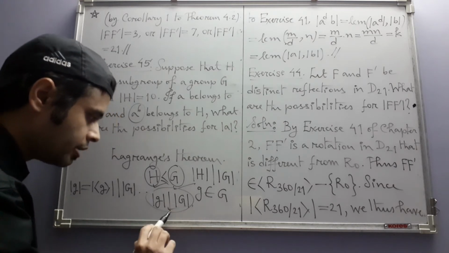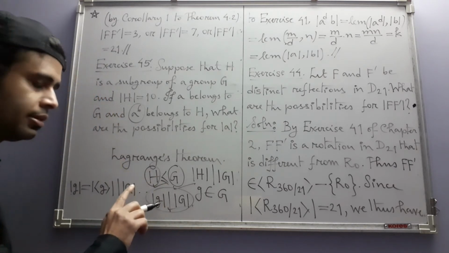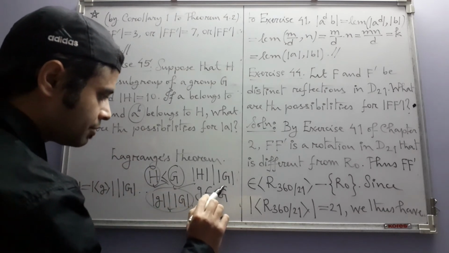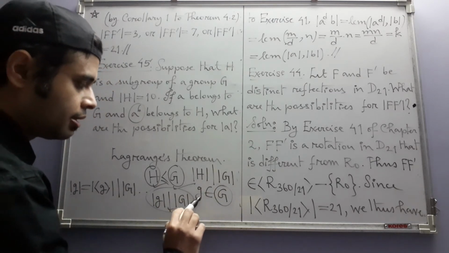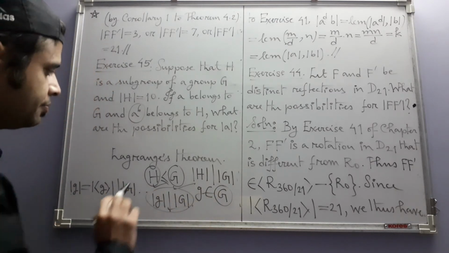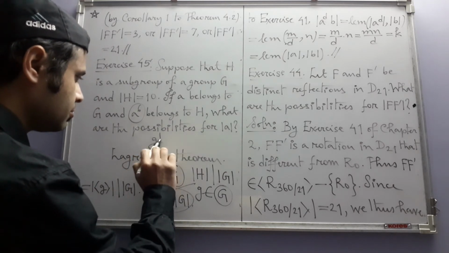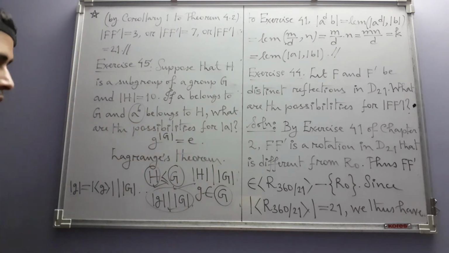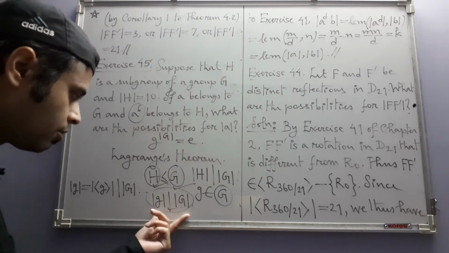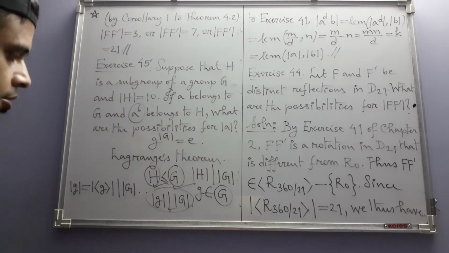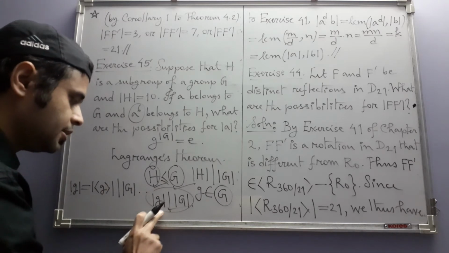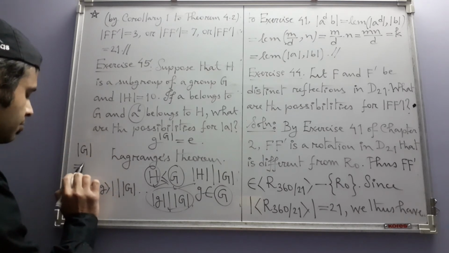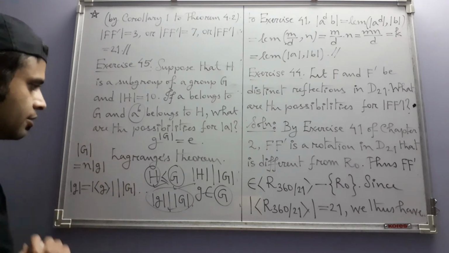Besides this corollary to Lagrange's theorem, there is another thing that can be proved using Lagrange's theorem. It is that if you have a finite group G and you take any element g in G, then this equation is true. In fact, this result follows from the previous one, because since the order of g divides this, the order of the group will be some multiple of the order of g.